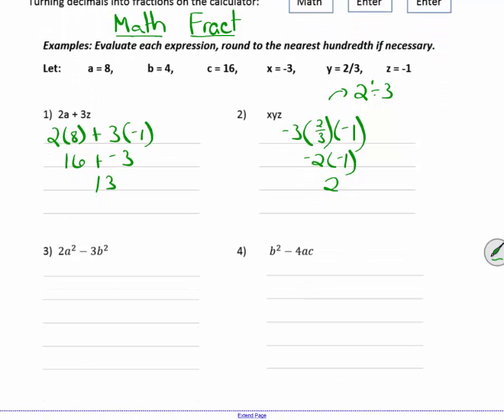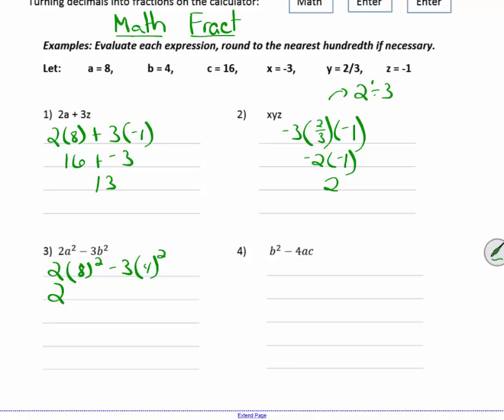So now I have some exponents in here. We have 2a squared minus 3b squared. So 2 times 8 squared minus 3 times 4 squared. Order of operations says I have to do my exponents first.